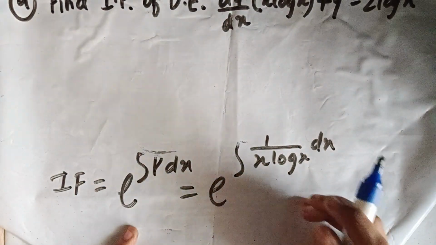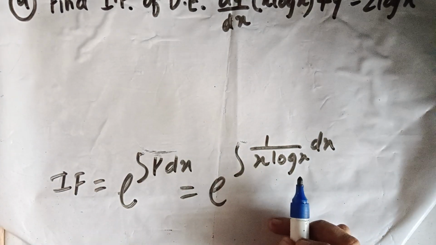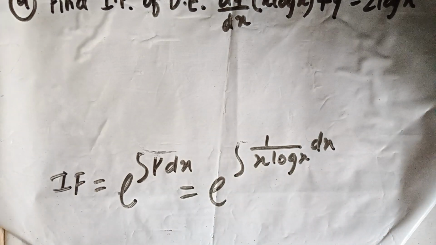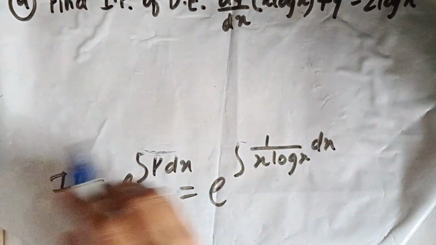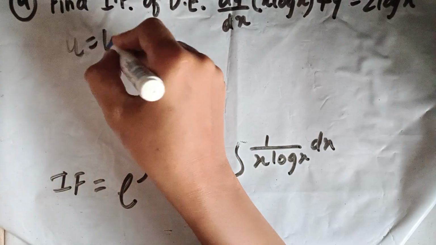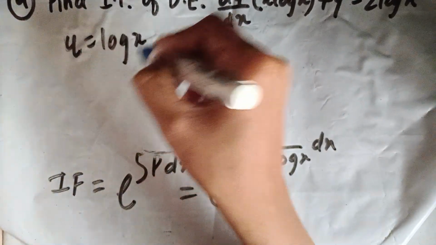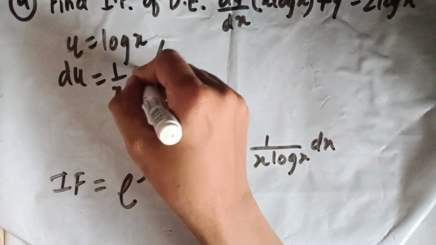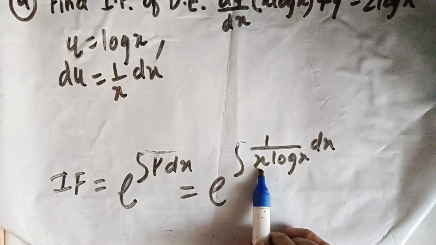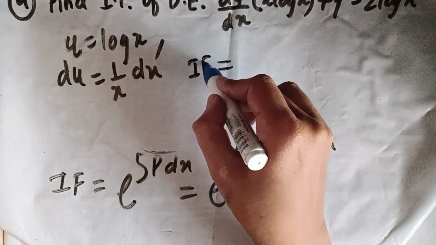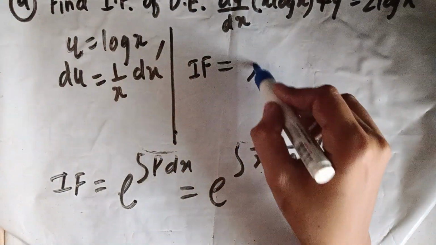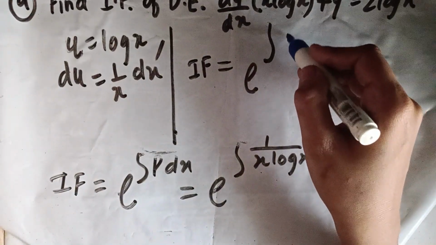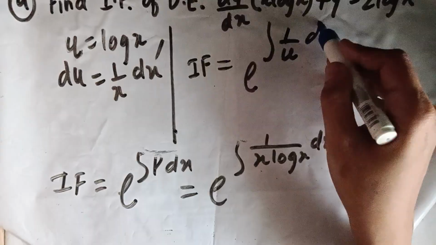So we have 1 by x and log of x. Okay. So we can take u as log x and derivative we will get 1 upon x dx. So you have to substitute here e raised to integral 1 upon u, and 1 upon x dx is du.